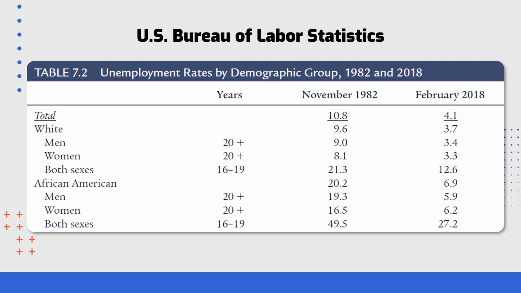So here we have unemployment rates by demographic groups in 1985 and 2018. So what kind of trend can you see? Starting from 1985 to 2018, the unemployment rate has decreased significantly, by more than 2 times.